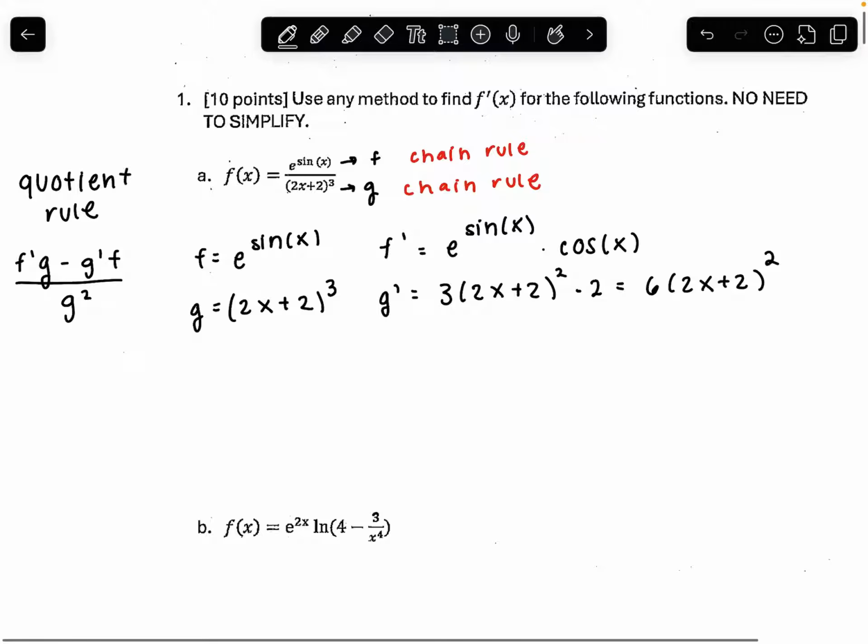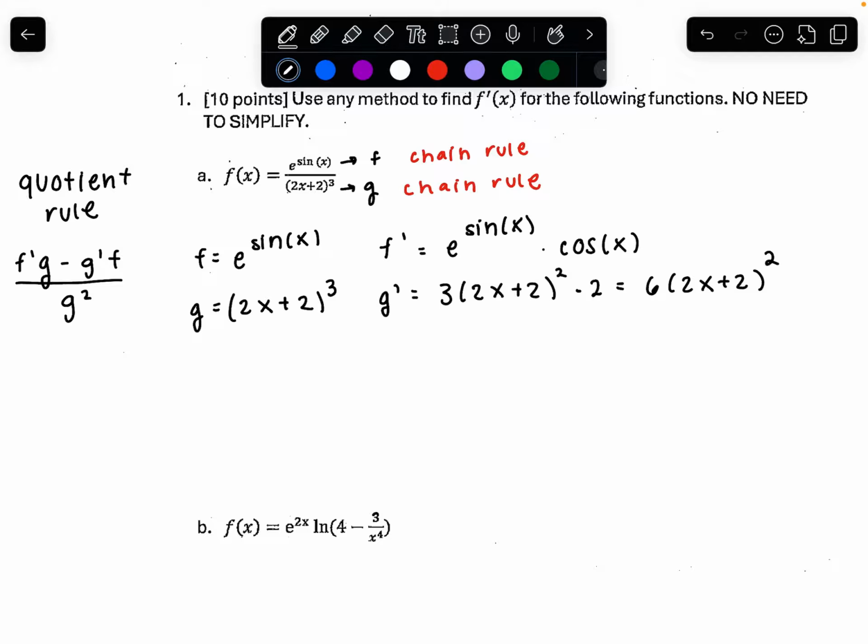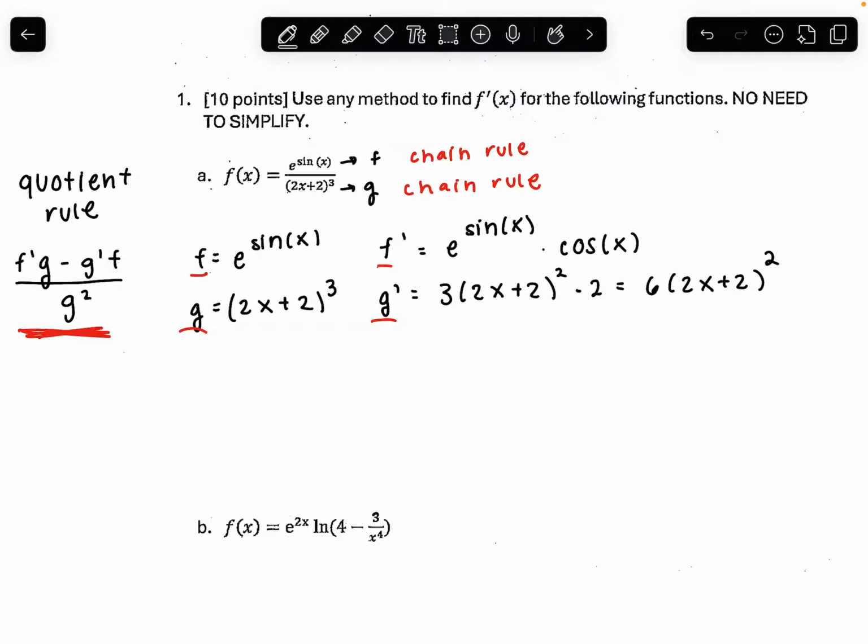So now our answer is going to be this, with all of our components plugged into the correct spot.